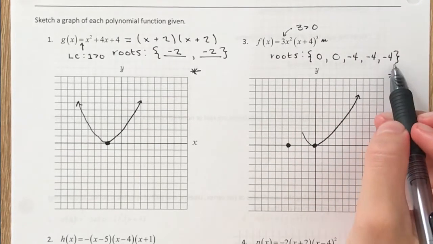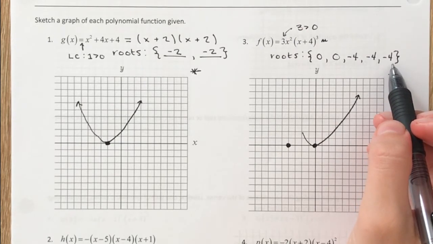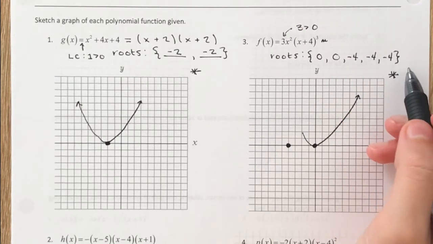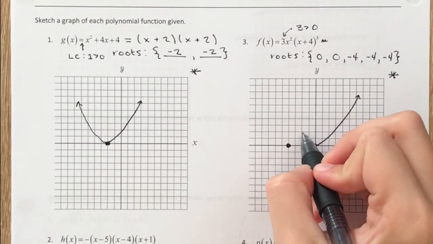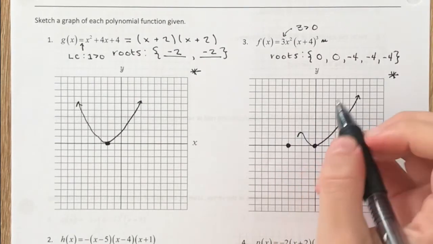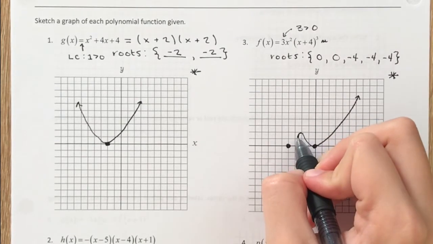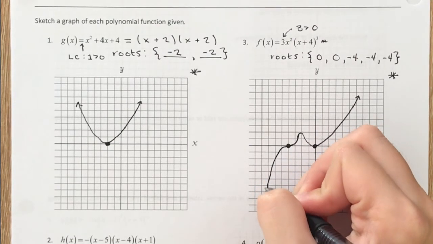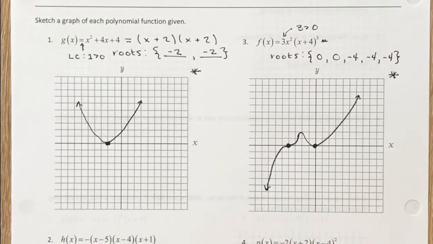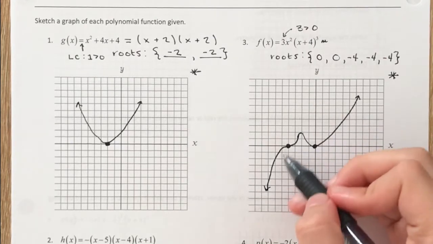How many times does it show up in this list of roots? 3 times, right? So we know that we're going to need to make it look like a cubic function. So I'm going to have to curl back down. Cubic functions have that sort of wiggle, right? Just like that. And then we continue down. So our graph looks like this.